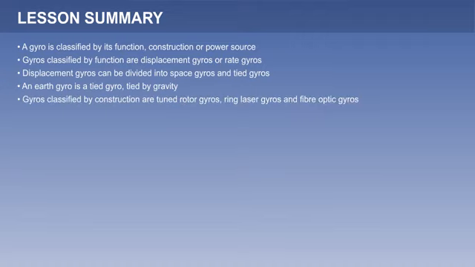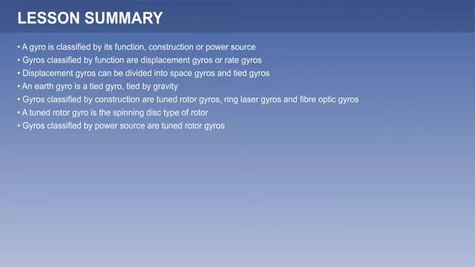Gyros classified by construction are tuned rotor gyros, ring laser gyros, and fibre optic gyros. A tuned rotor gyro is the spinning disc type of rotor. Gyros classified by power source are tuned rotor gyros. By convention, the degrees of freedom of a gyro do not include its own spin axis.